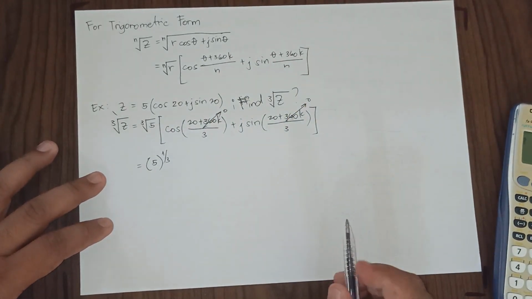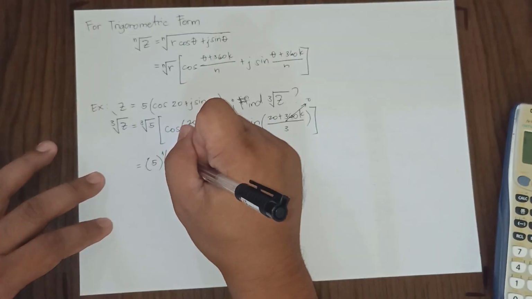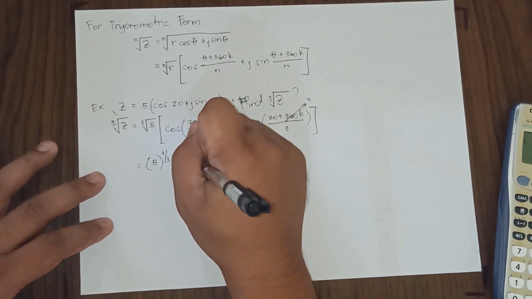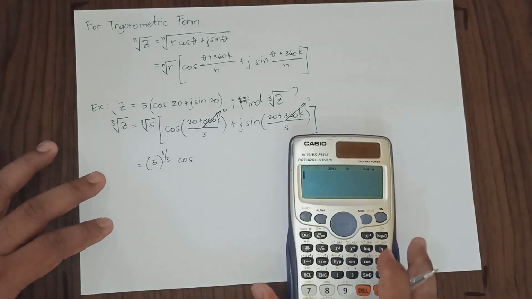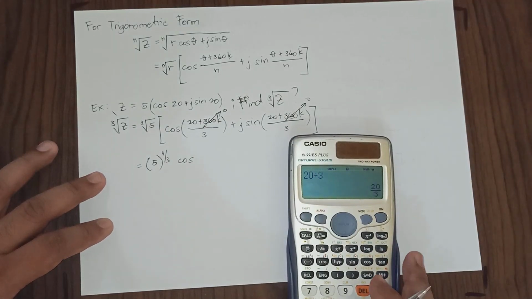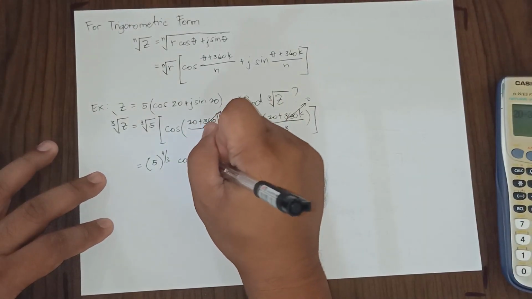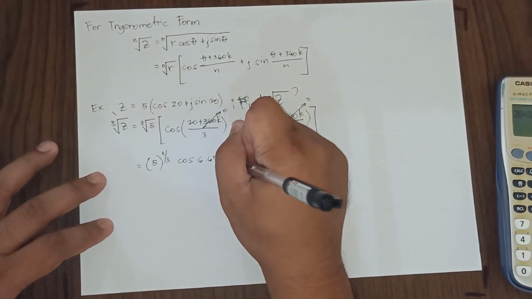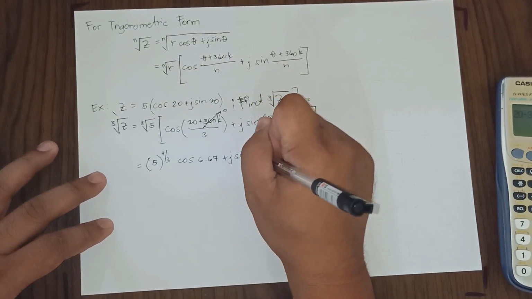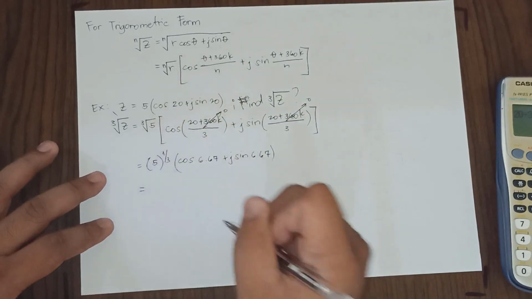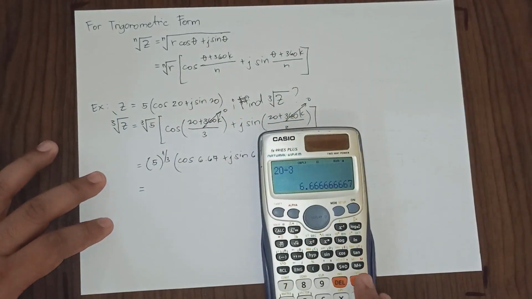So this is cosine of 20 over 3, which is 6.67, plus j sine of 6.67. And that is equal to 5 raised to 1/3.